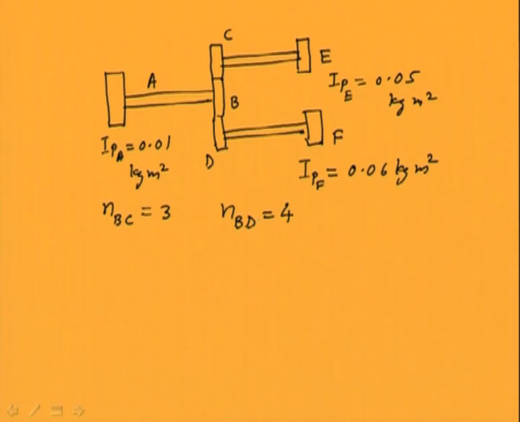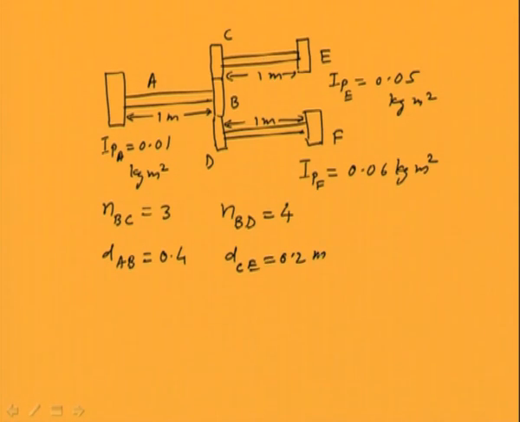So these are the gear ratios given, and the various diameters and lengths of the shafts are as follows. All the shafts have 1 meter length, for simplicity. The diameter of the AB shaft is 0.4, that is this particular shaft, and the diameter of the second shaft, that is here, is 0.2 meter.